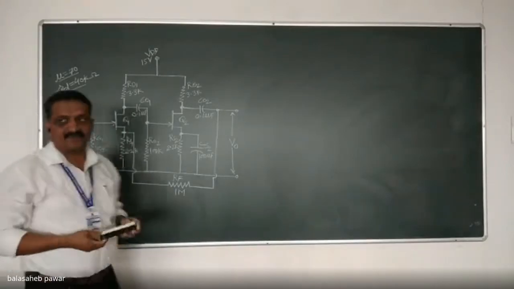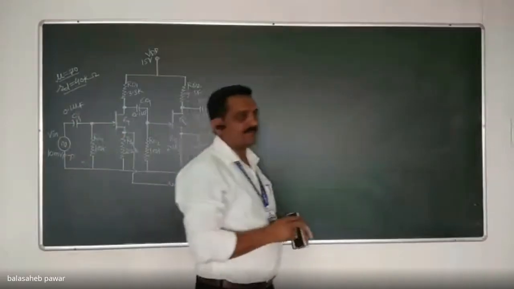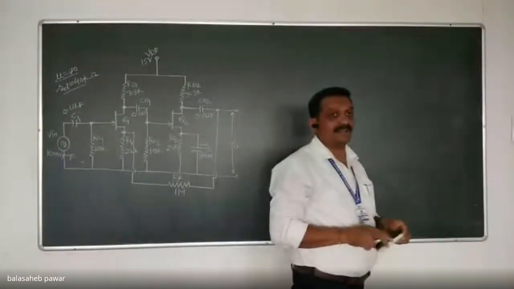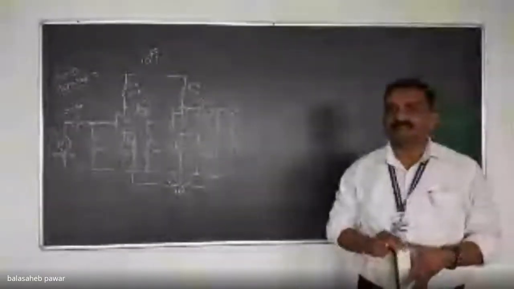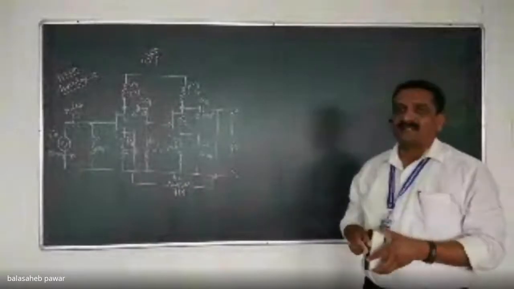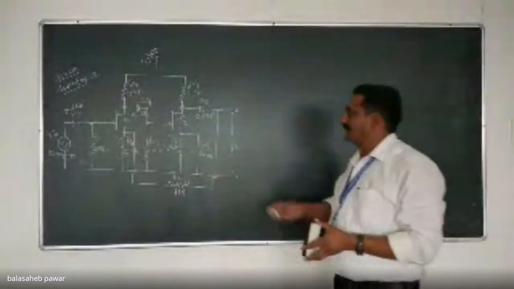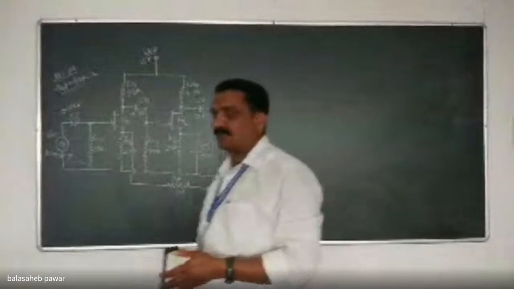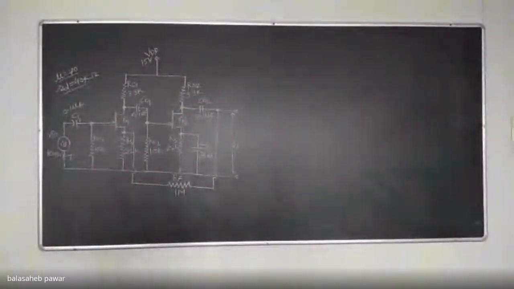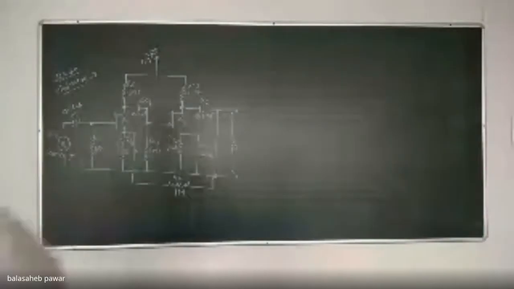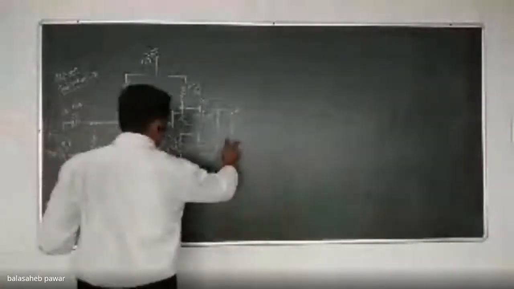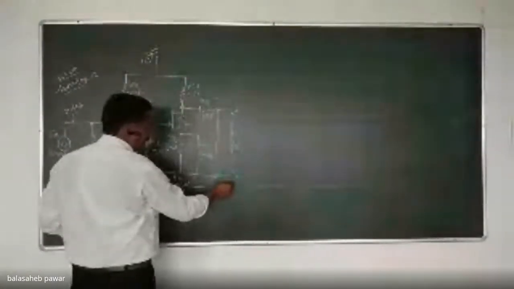Now to identify the type of topology, the type of sampling, as per the steps given to you, to find out the type of sampling, make VO equal to 0. So just check that step, whatever you wrote, by considering that output equals 0, by providing a short circuit to the output.